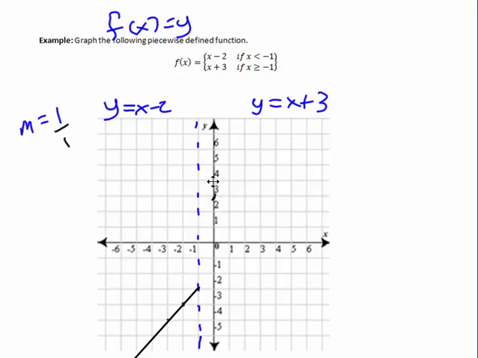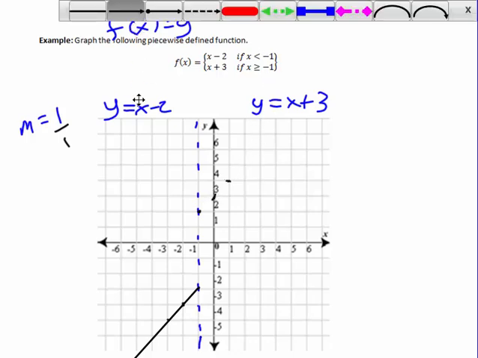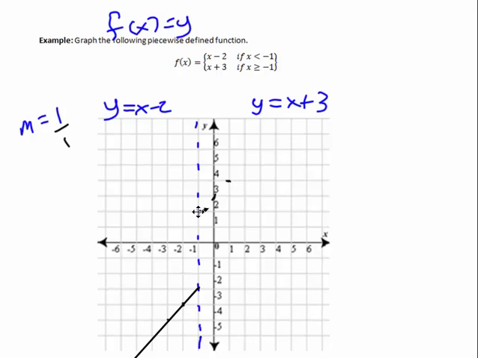And this graph goes up 1 and over 1 because my slope m is 1, so it's up 1 over 1 as well. And I want to make sure I go all the way until I hit my domain break as well. So I start here and I go on. So let's get that line in. That way forever.